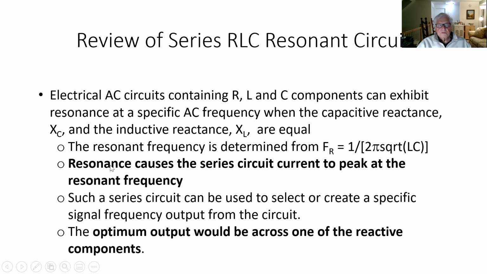Resonance in the case of a series circuit, though, we get a current peak at that resonant frequency. And so in a series circuit, we can use that to select and create a specific signal frequency output from the circuit, which we will essentially filter around. And we also found out the optimum output is when we take it across one of the reactive components.